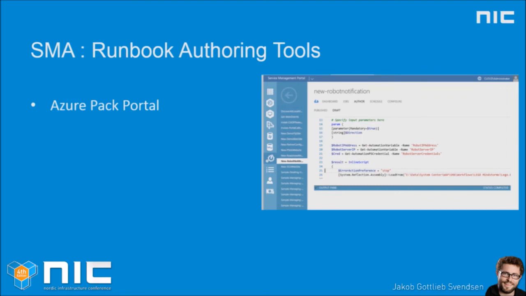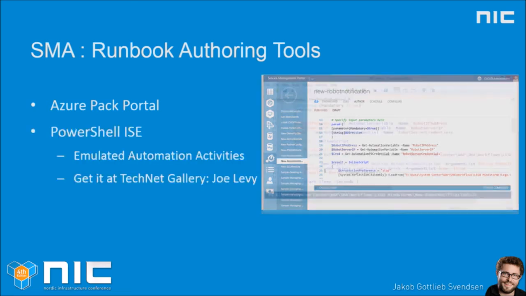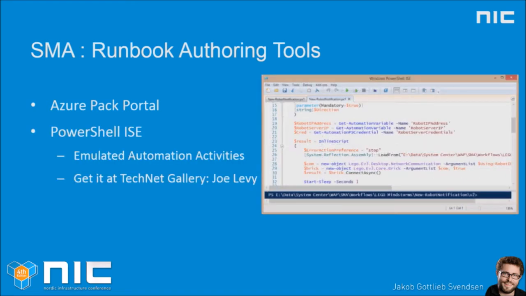But you can also, since these are normal PowerShell workflows, do it directly inside your normal PowerShell ISE. But as you can see in this little example, we have something called Get-AutomationVariable robot IP address, and we get the IP address of the robot.